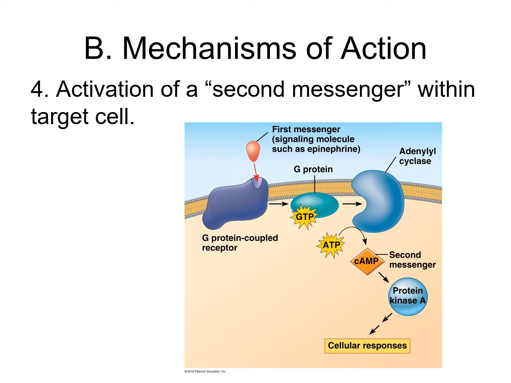And adenylate cyclase strips 2 phosphate groups off of ATP, turning it into a molecule called cyclic AMP. And the presence of cyclic AMP, the second messenger, causes otherwise inactive enzymes called protein kinases to become active, and that changes the physiology of the cell.